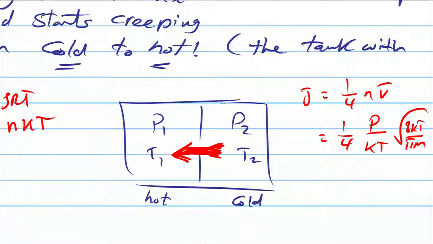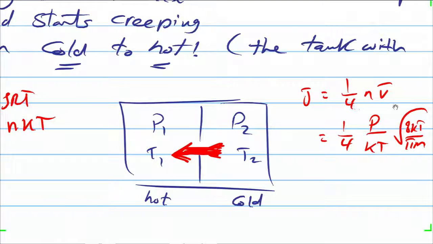With a lower T on the cold side, that reduces the... It's under root T in the denominator. Say that again. It's under root T in the denominator. Yeah, because see, the flux is not just velocity.